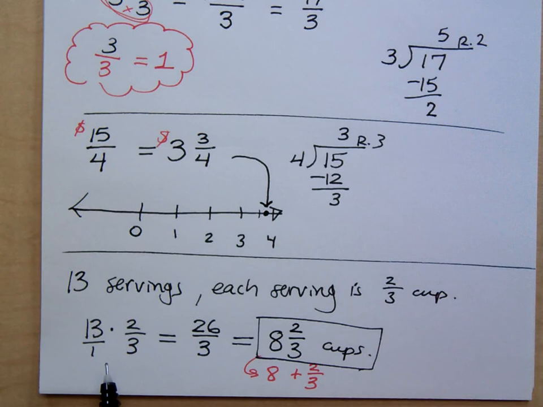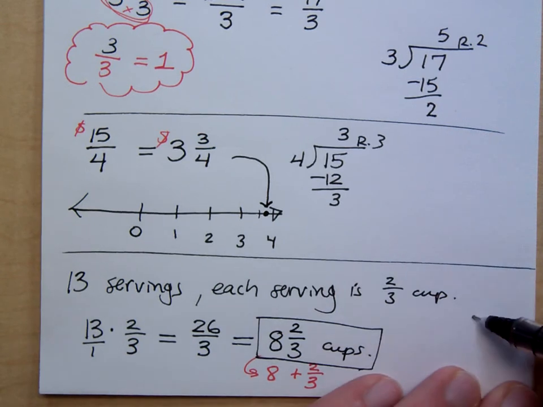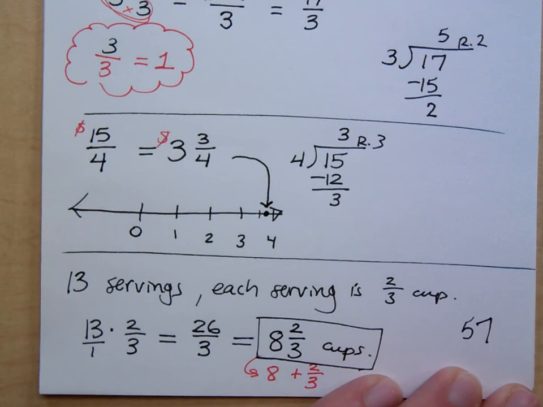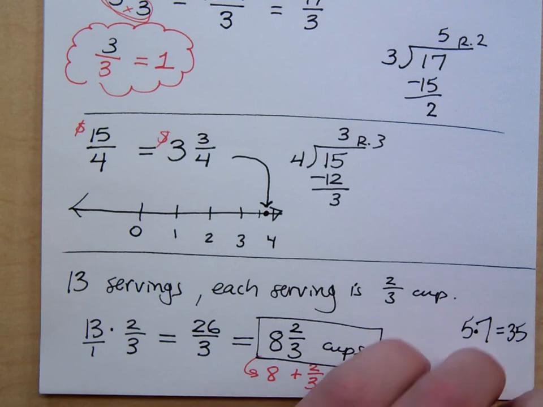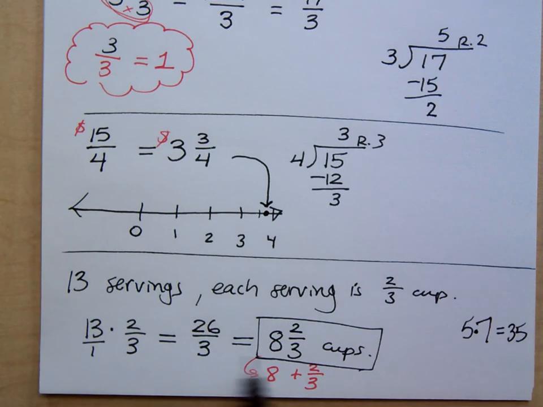Like if I want to do 5 times 7, can I write 5 times 7 like this? No, because that indicates what? 57. So if I want multiplication, then I have to do this symbol there correctly. Same thing with having a mixed number versus I'm just multiplying a whole number times a fraction.